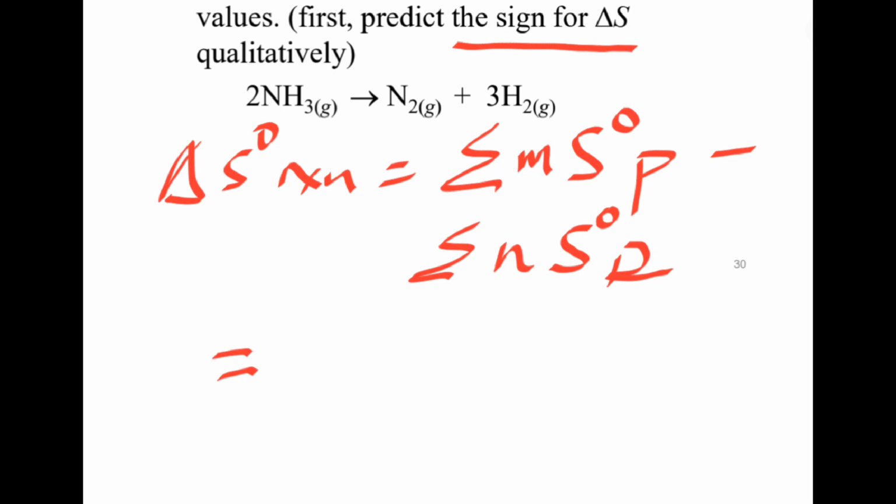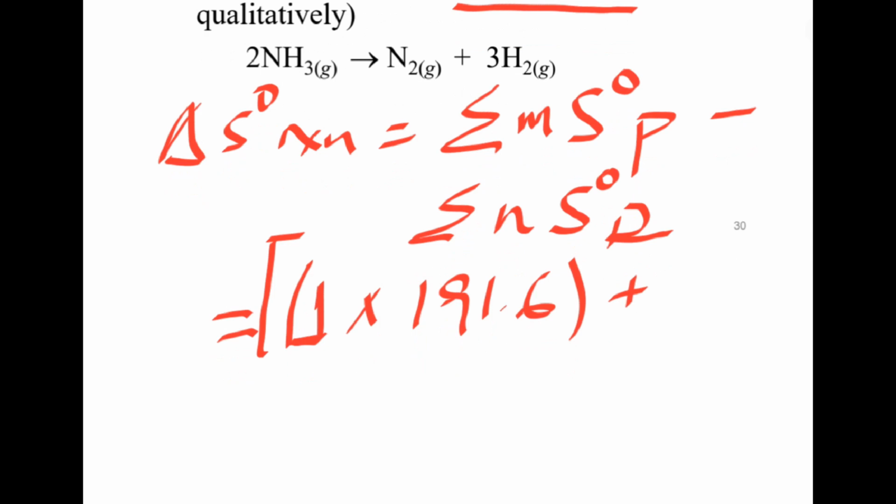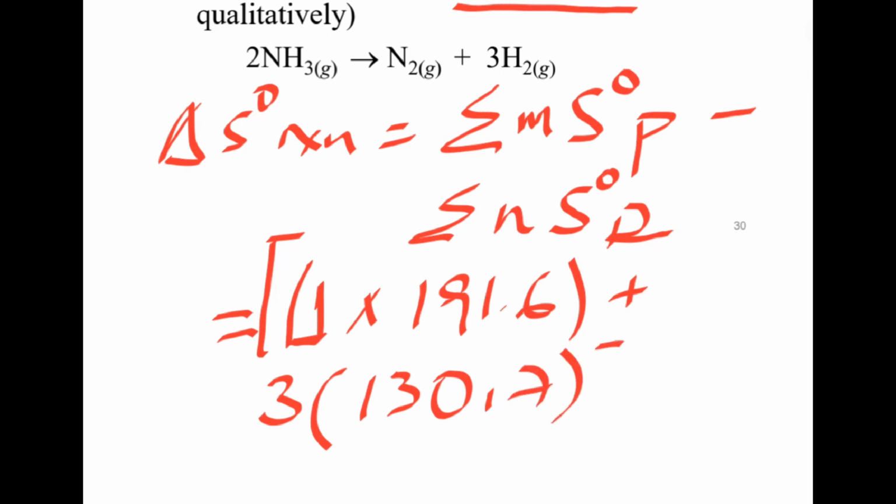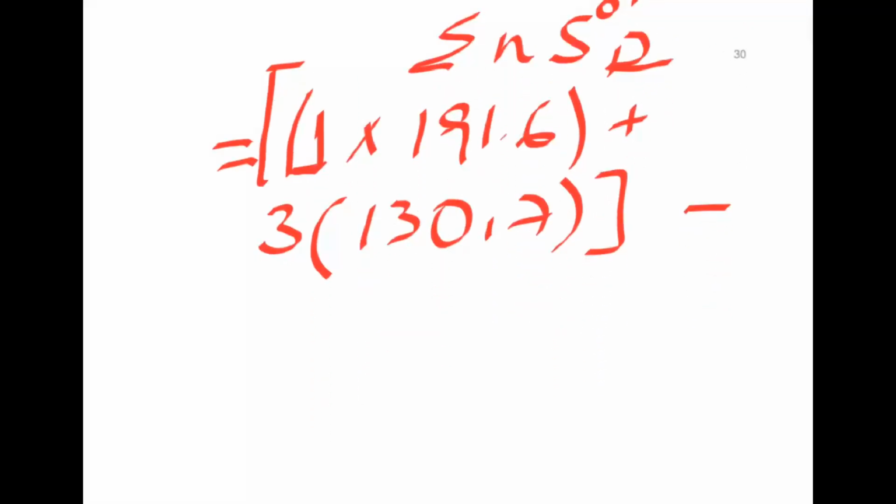For nitrogen, we have only 1 mole times the entropy value for nitrogen, which is 191.6, plus, for hydrogen we have 3 moles of hydrogen times the standard entropy value for hydrogen, which is 130.7, minus the entropy, we have 2 moles of ammonia times the standard entropy value of ammonia, which is 192.5.